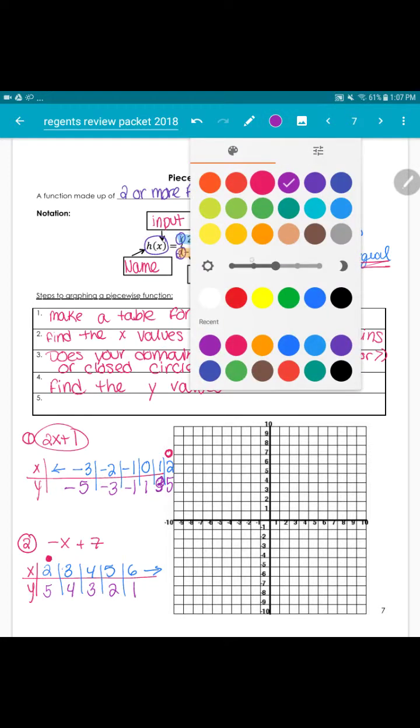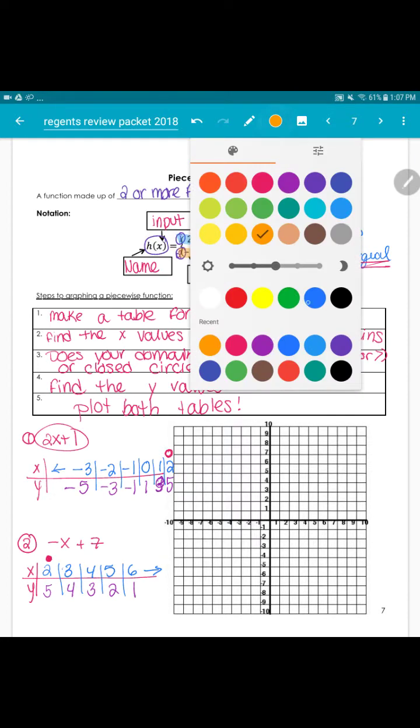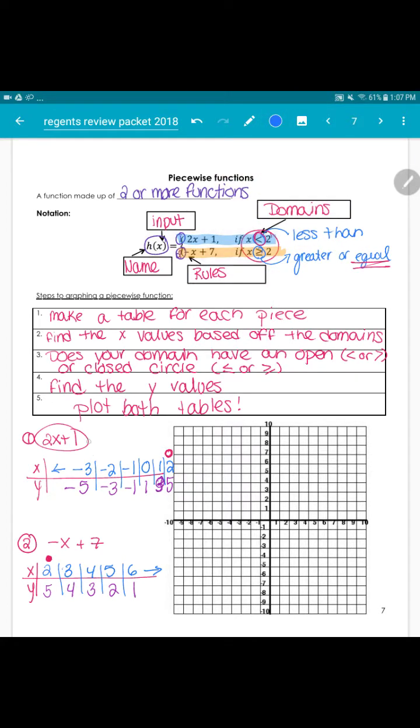So our last step is going to be plot both tables. Okay, so for the first piece, I'm going to plot in blue. So -3, -5.